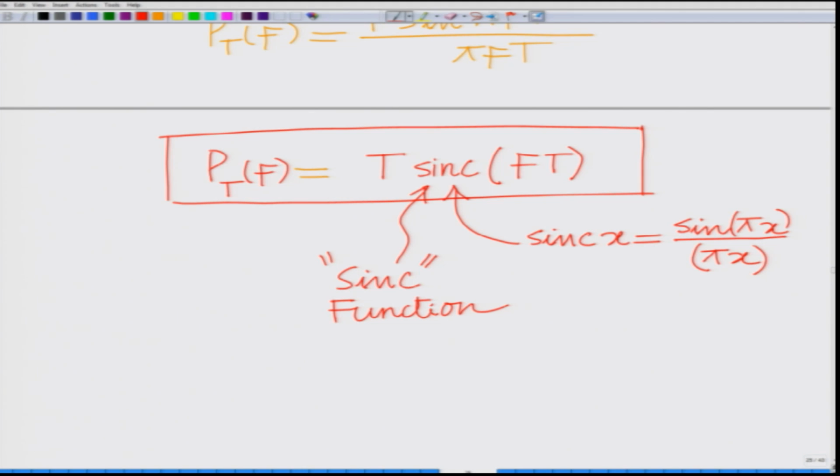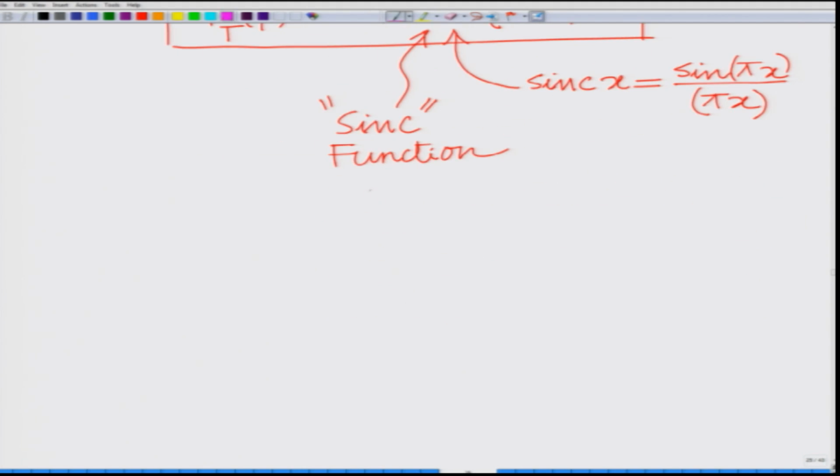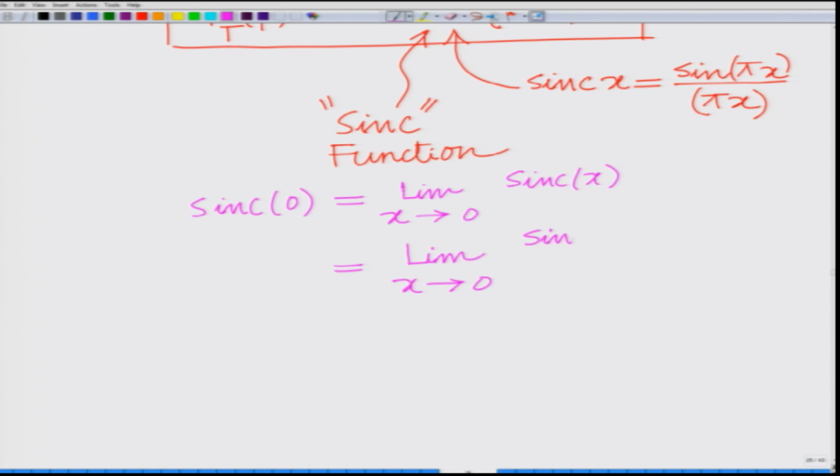Now, look at the properties of the sinc function. The sinc function at x equal to 0: if you take the limit as x tends to 0 of sin pi x by pi x, that is the limit of sinc x, sinc of 0 is defined as this limit, and this is equal to 1.